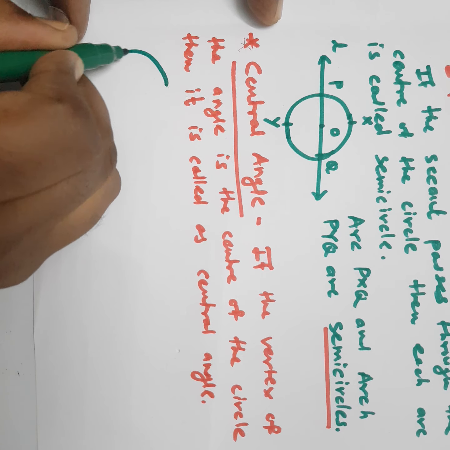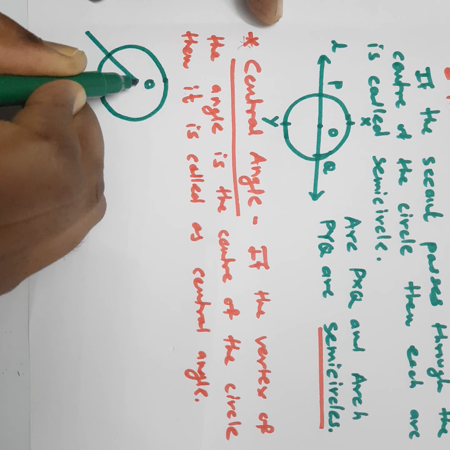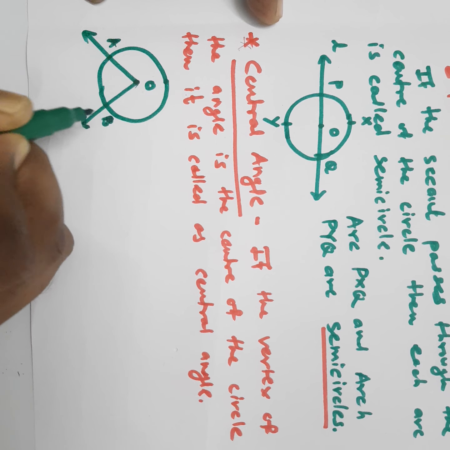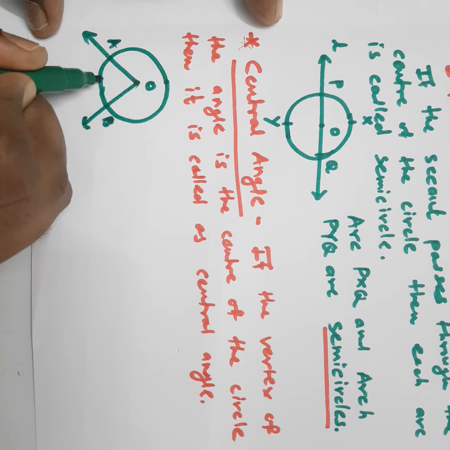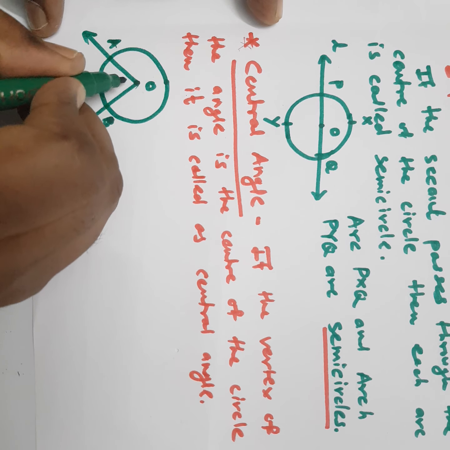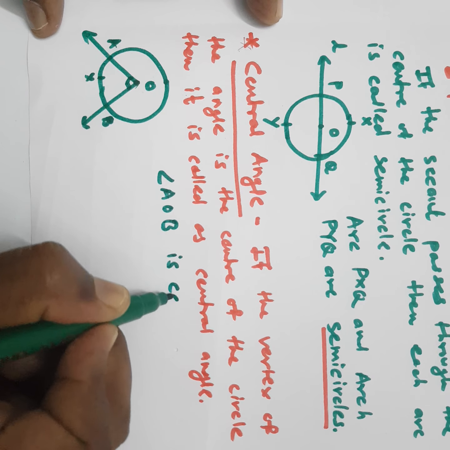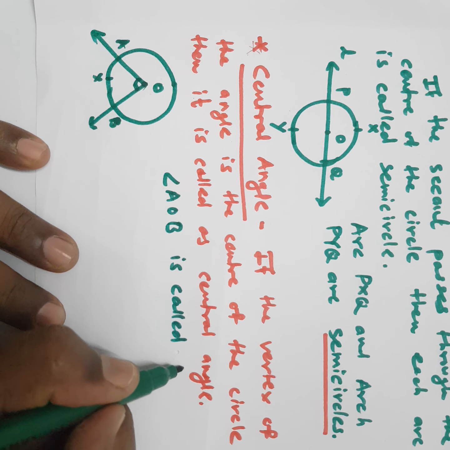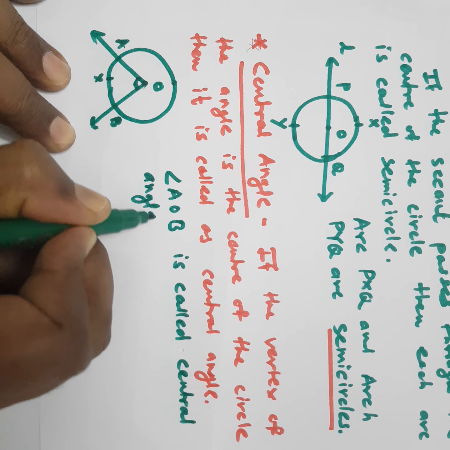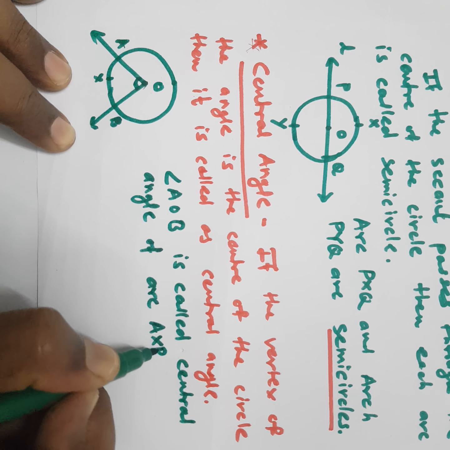See here, if O is the center and AB is any minor arc, X is any point on arc AB, then angle AOB is called the central angle of arc AXB.